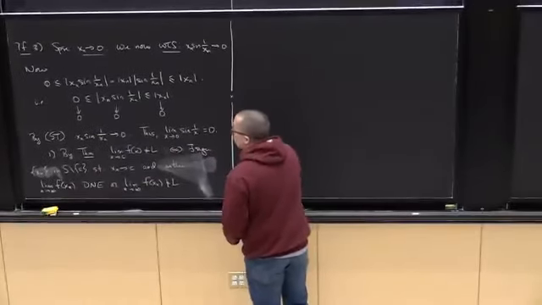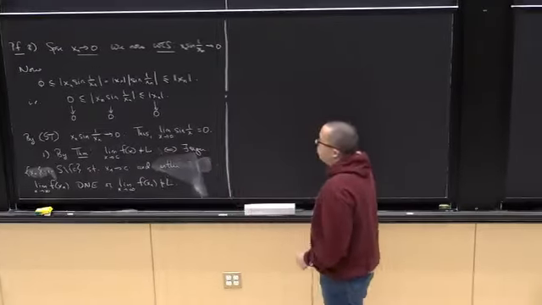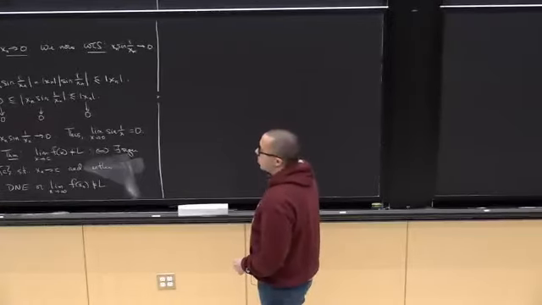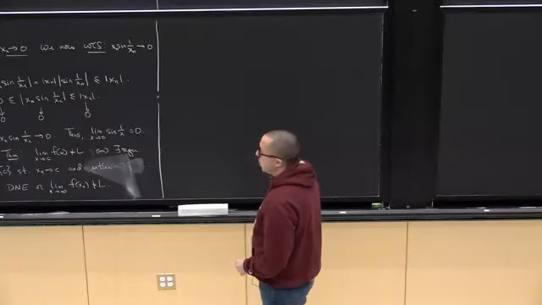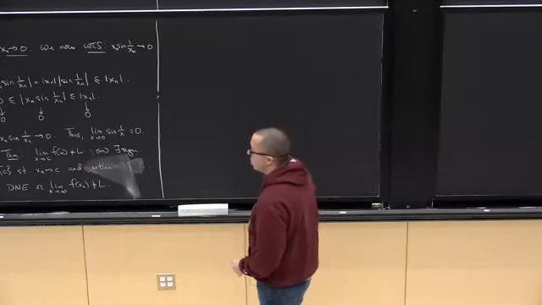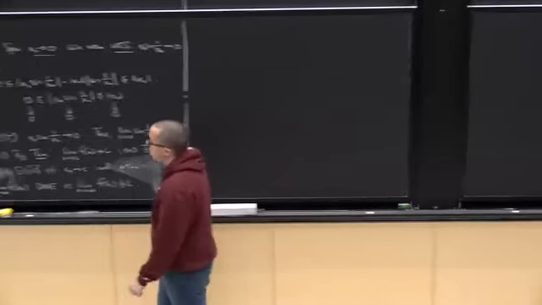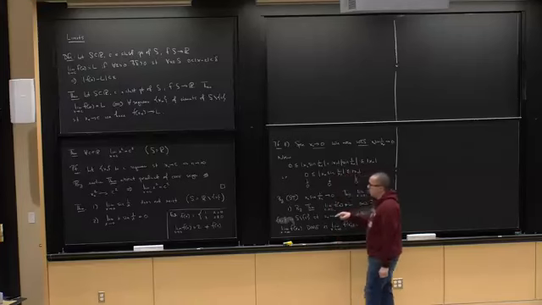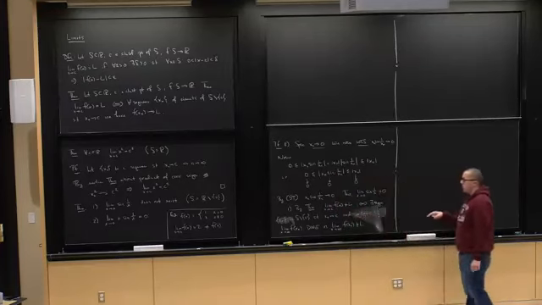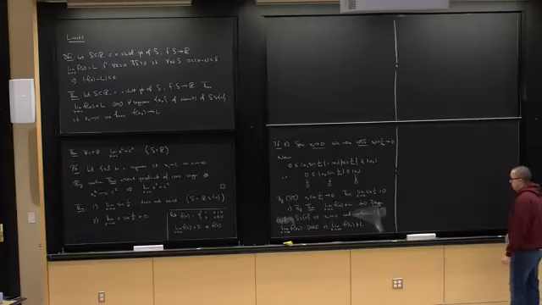All right, so now we're going to prove that the limit as x goes to 0 of sine of 1 over x does not exist by showing that there exists a sequence converging to 0 such that when I plug that into sine, the limit of that sequence does not exist.